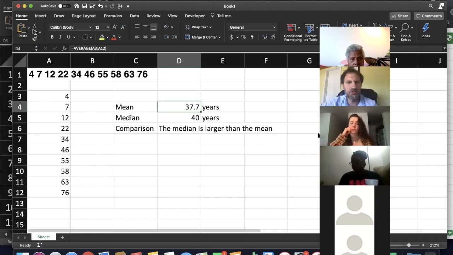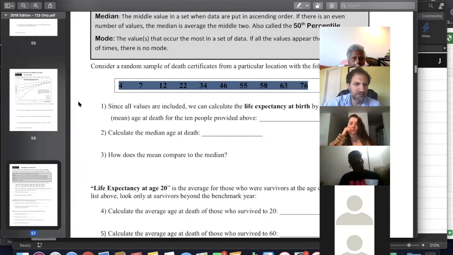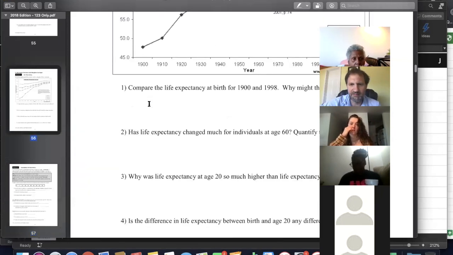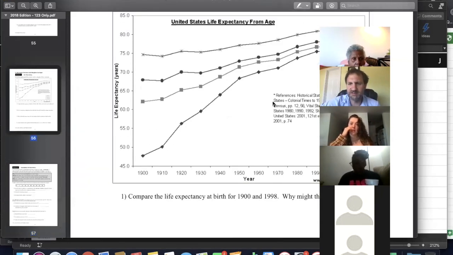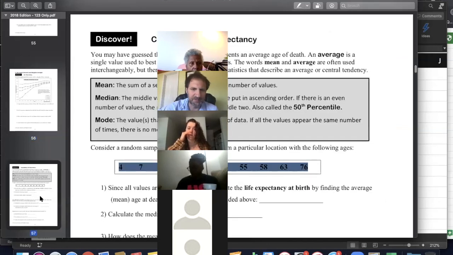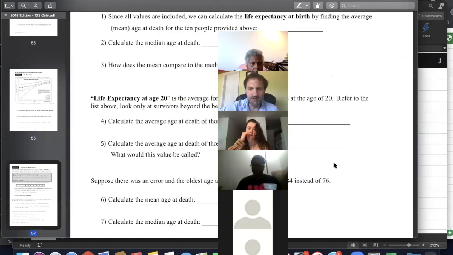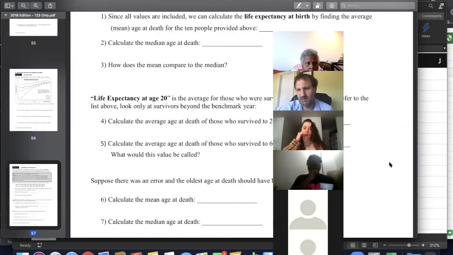Okay, so just to go back to one of the things that's kind of weird about this graph, because they have life expectancy at birth, that's this bottom line. Then this next one with the rectangles is life expectancy at age 20. So you might be asking yourself, what the heck does that mean? Well, it tells you right here. If we set the benchmark to 20, that means we're only considering people in our little sample who lived to be 20.